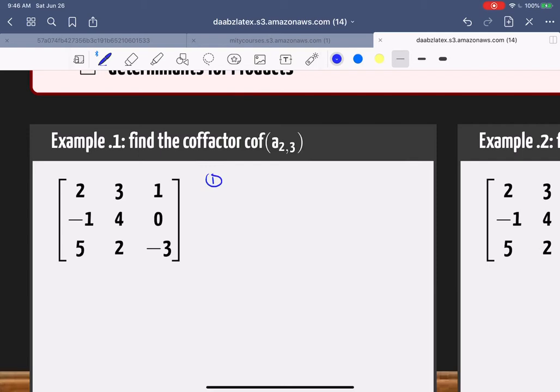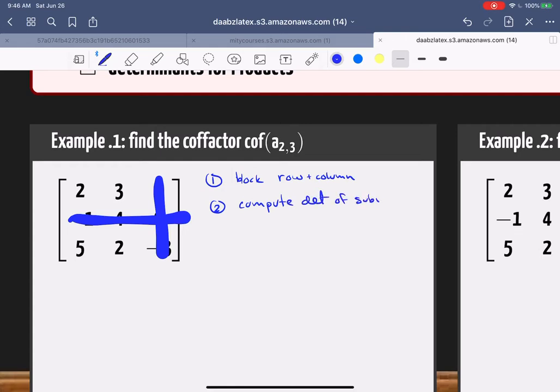First thing we're going to do is block out row and column. So let's do that real quickly. Block out the row, block out the column. Okay, second step we do is compute the determinant of the submatrix.